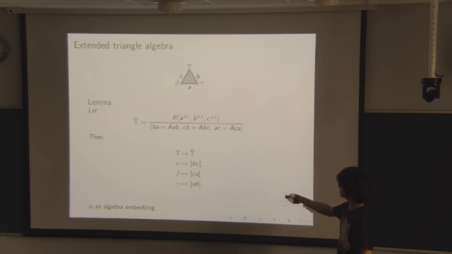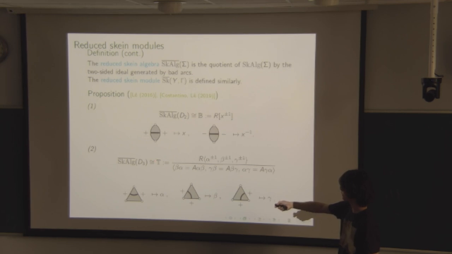Before telling you what the two-dimensional version of the quantum trace map is, I also need the following lemma, which is an embedding of this quantum torus. I'm calling this reduced stated skein algebra of a triangle blackboard-bold T, or the triangle algebra.